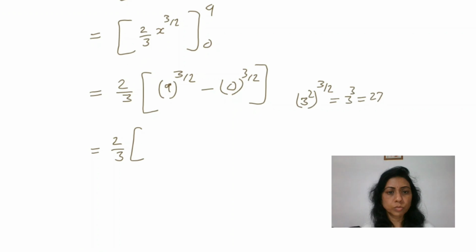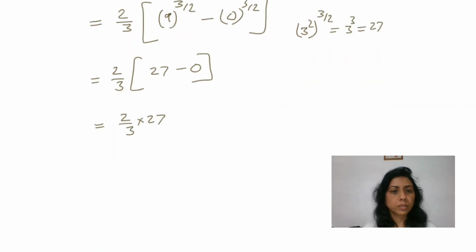So this is 27 minus 0, 0 to the power of this is 0, 2 upon 3 and this 27. So this is 9, and 9 times 2 is 18, and this is our final answer.